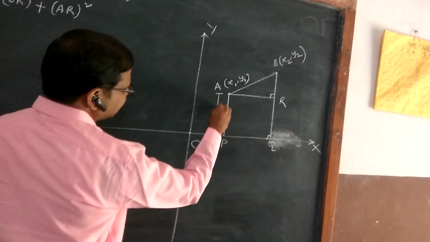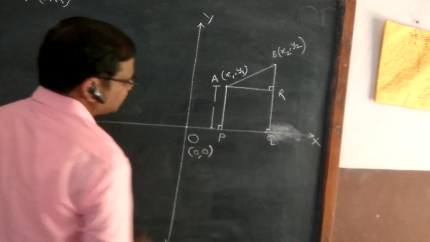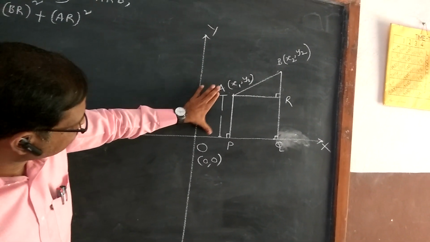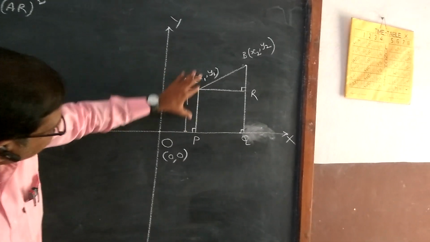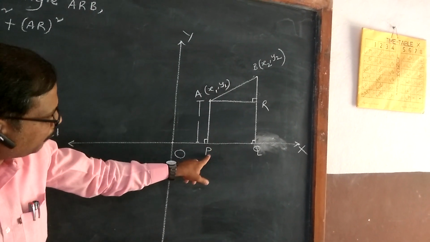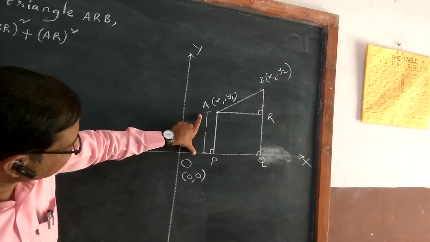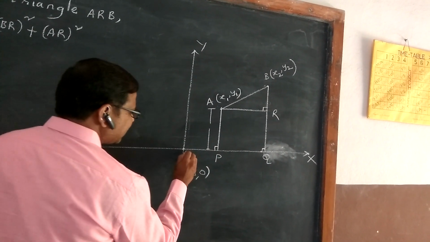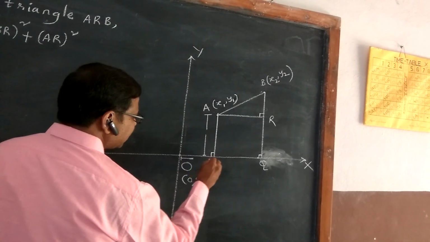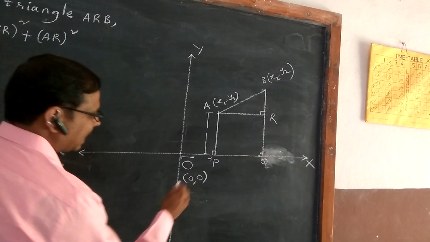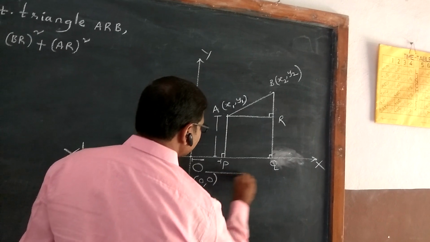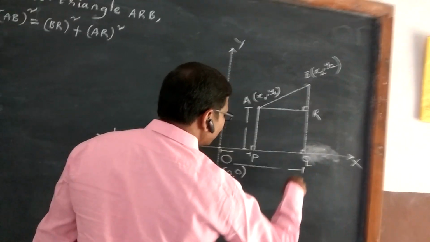What is this distance OP? And what is the distance OQ?